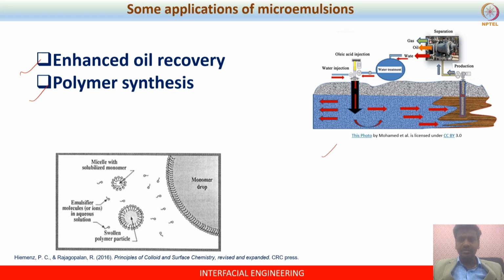This oil will be held up in the pores, or the porous network channels, within the reservoir itself. Because the pore size is very, very small, you can expect the pressure drop within the pores to be very large.